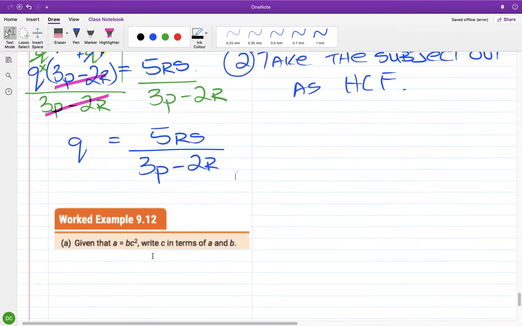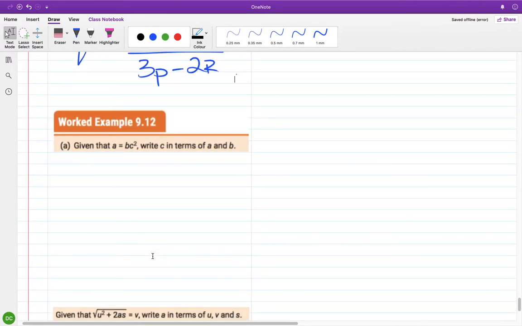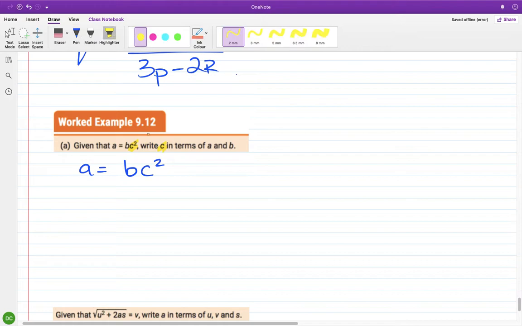Okay, and then I have another one here just to show you what to do when you have a power. Okay, so write C in terms of A and B, so that means we have to isolate C. Here's C here. Okay, so I have A equals BC squared, and I am trying to isolate C. BC written like that means they're being multiplied, and I want that B gone.